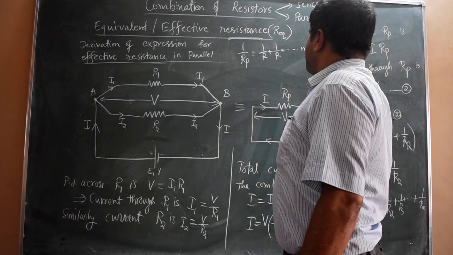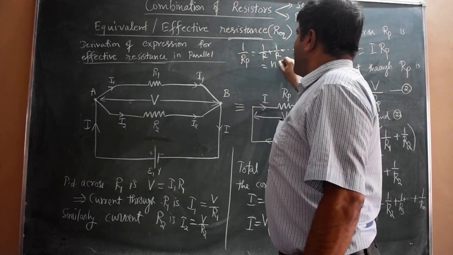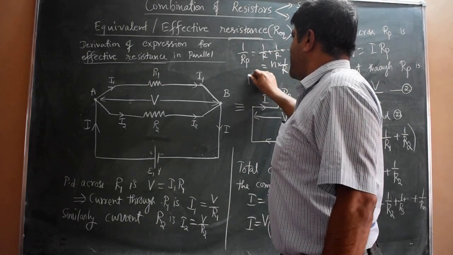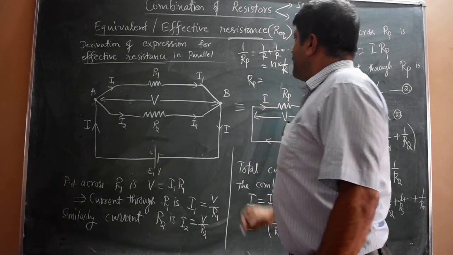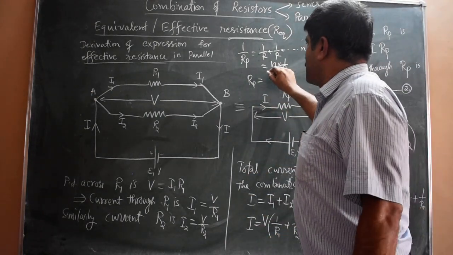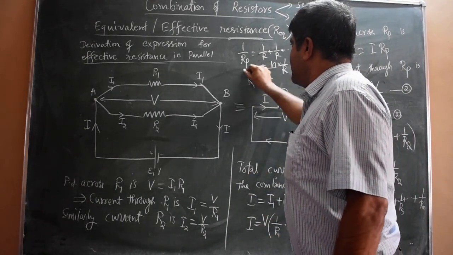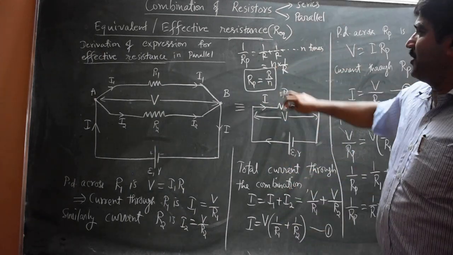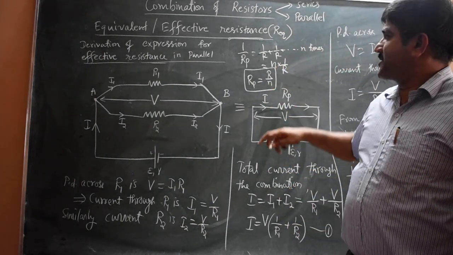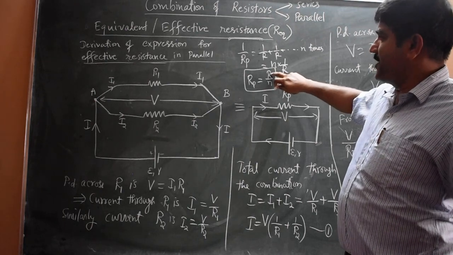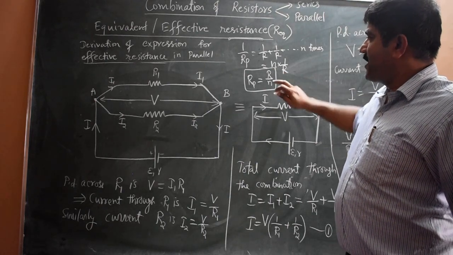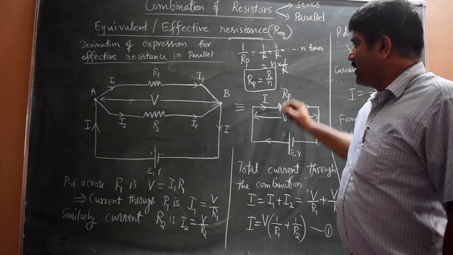So that gives you n into 1 by R. Hence Rp can be written as Rp equal to R by n. Parallel combination effective value: if identical resistors are joined with value R each, then the effective resistance is R by n. This is the conclusion.